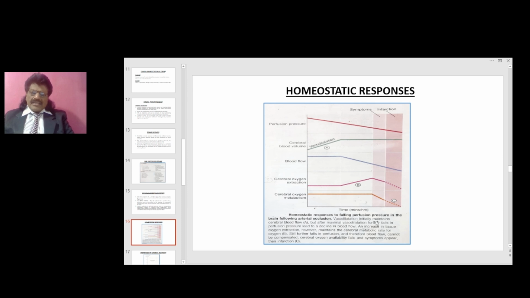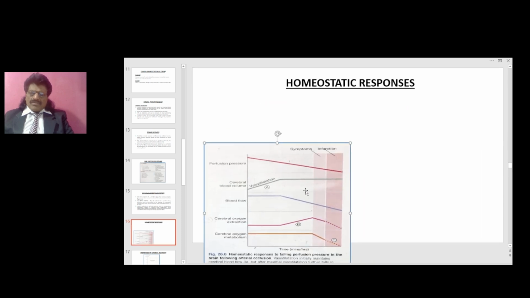Vasodilatation initially maintains cerebral blood flow. So you can see here, when there is ischemia, there will be vasodilatation which tries to initially maintain the perfusion pressure, but after which it also cannot maintain it.